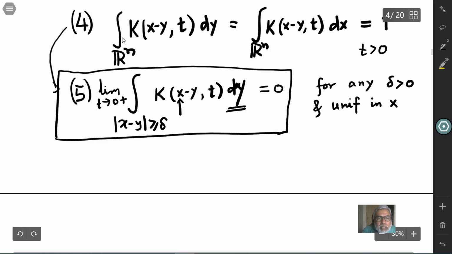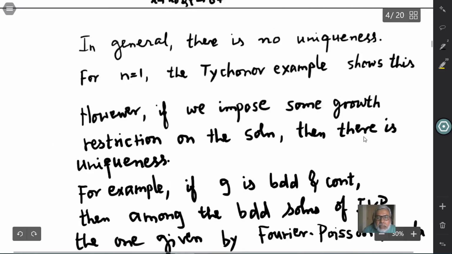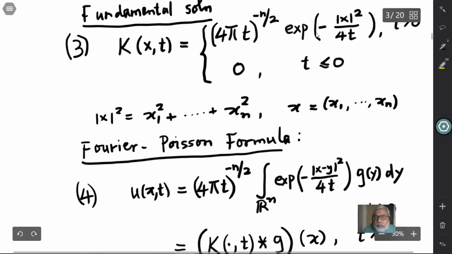So that shows that this integral is concentrated only around x. That can again be seen from the formula for k, which is an exponential.